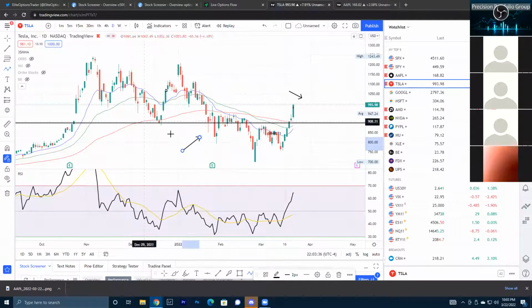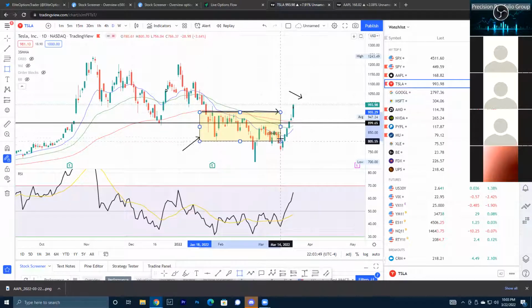Now, as you can see here, this was a range. Tesla was in a range for quite some time. And what happened today? It broke that range. So now it's going to go to newer heights.